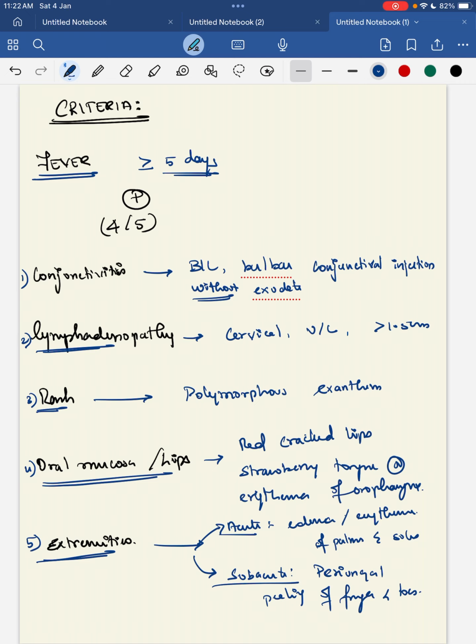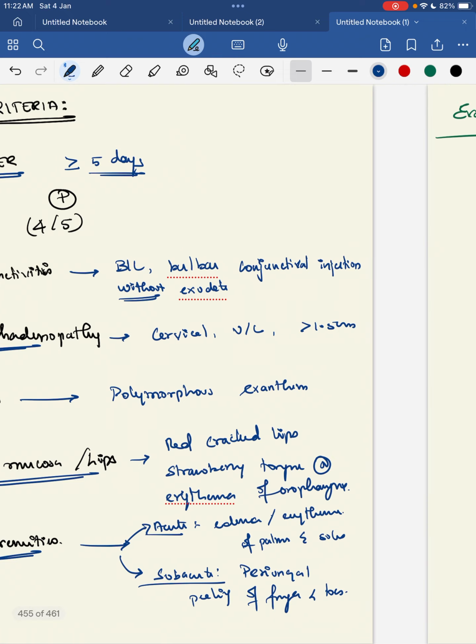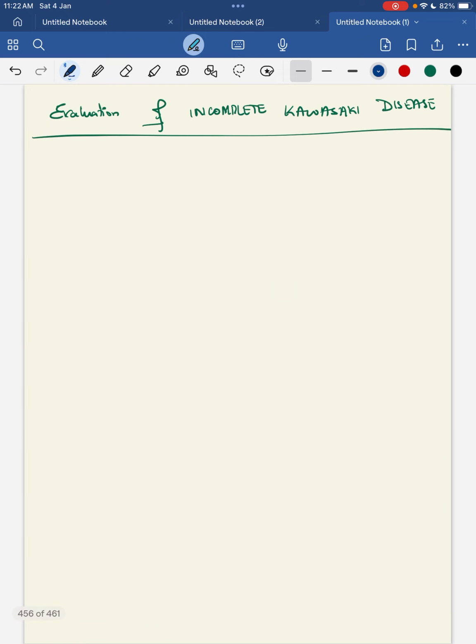Next, when does a child have an incomplete Kawasaki disease? What is the meaning of incomplete Kawasaki disease? It means the child does not fulfill the criteria, but you don't have any other diagnosis or explanation for the fever the child is having.